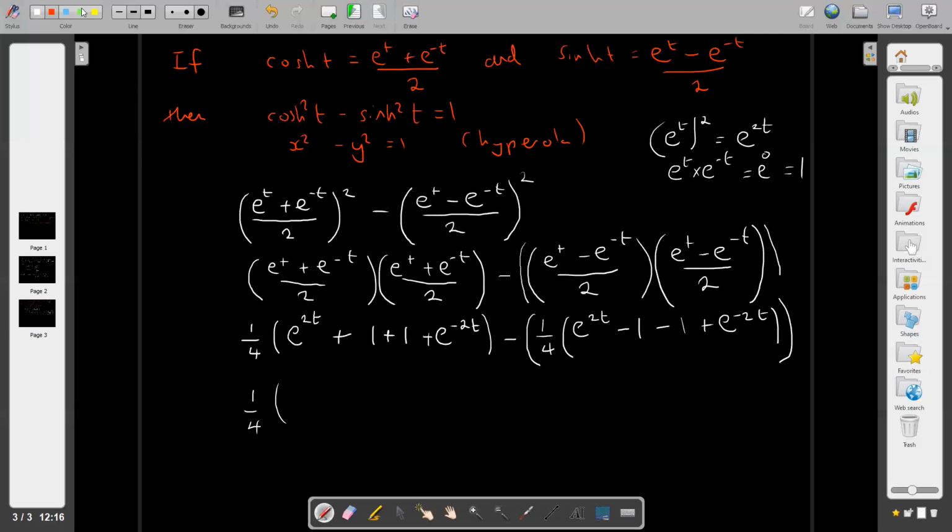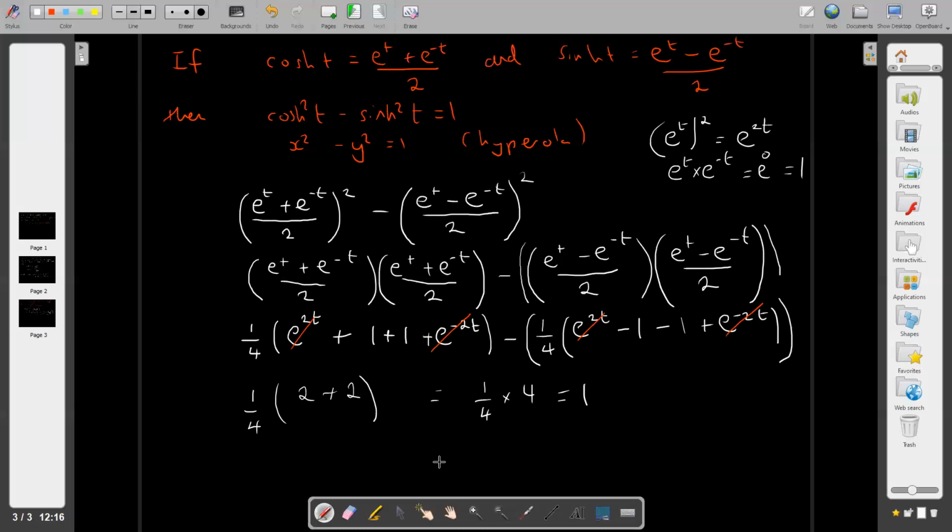We're going to have an e^(-2t) subtract an e^(-2t), so that's cancelling out as well. We're going to have a 1 plus 1 is 2 here, and I'm going to have a minus 2 here, but I'm subtracting a minus 2, so it's going to be plus 2 here. So 2 plus 2 is 4, and a quarter of 4 is 1.